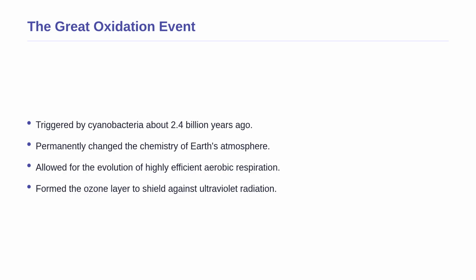This permanently changed the chemistry of Earth's atmosphere. This massive release of oxygen allowed for the evolution of aerobic respiration, making complex multicellular life possible, and formed the ozone layer to shield us from deadly ultraviolet radiation.